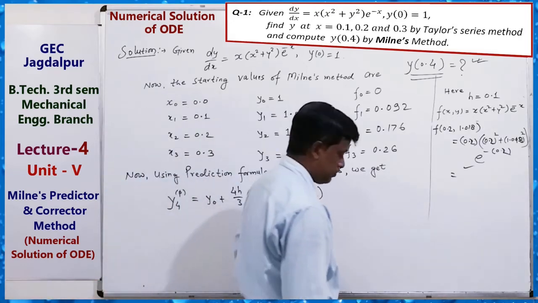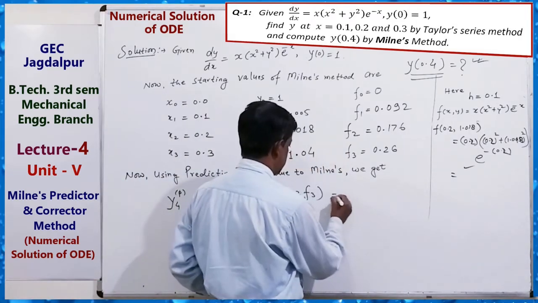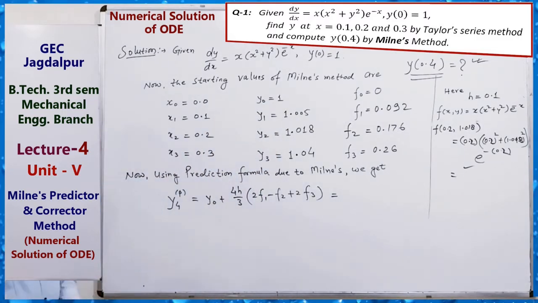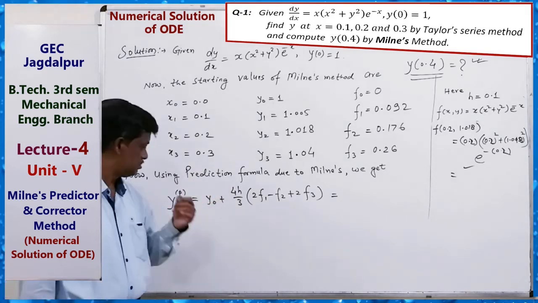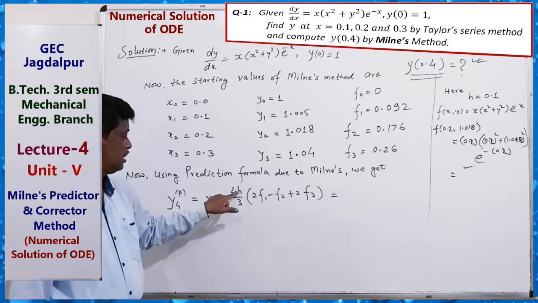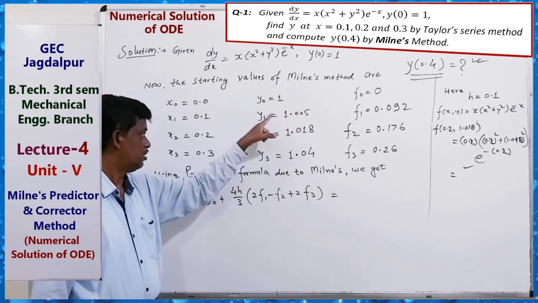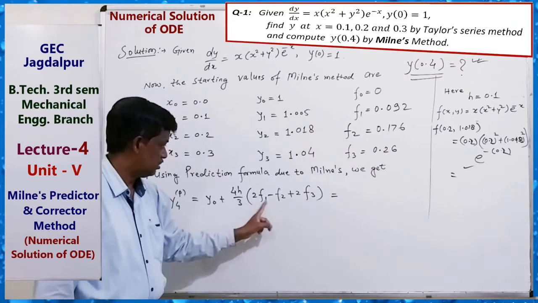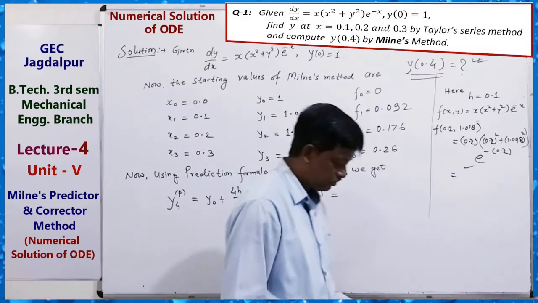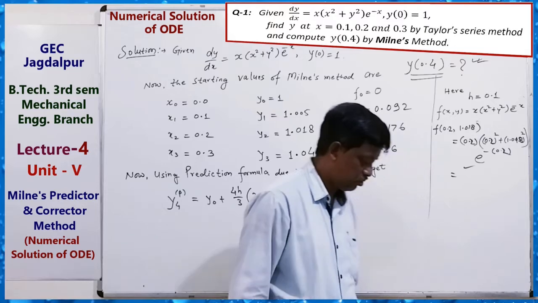Just for lack of time, I am not writing the values here, just calculate it. Put y0 as 1, h as 0.1, and f1 to f3 as these. You can get a value like 1.09.